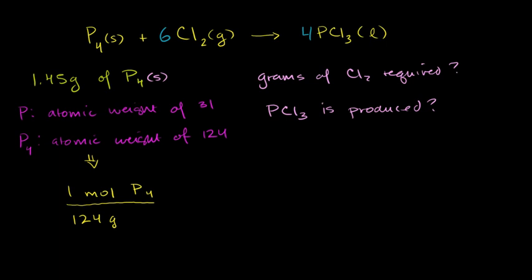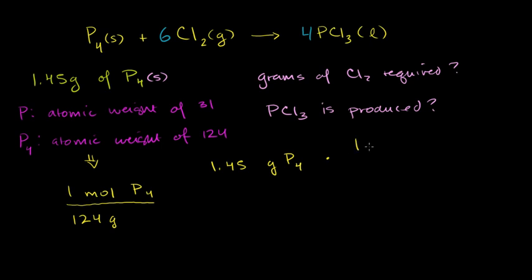So let me start over here. We have 1.45 grams of molecular phosphorus, each molecule containing 4 atoms. And we can do a little dimensional analysis, make sure everything cancels out, times this information right here.